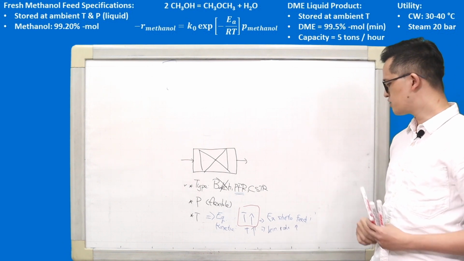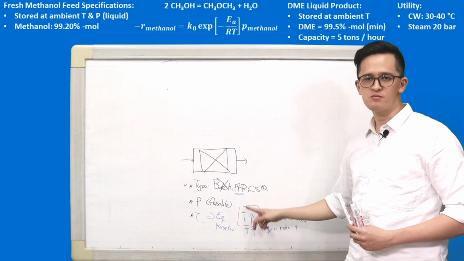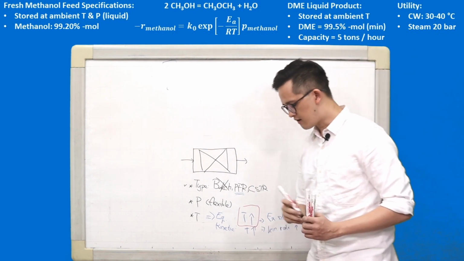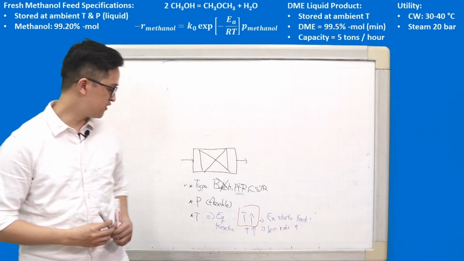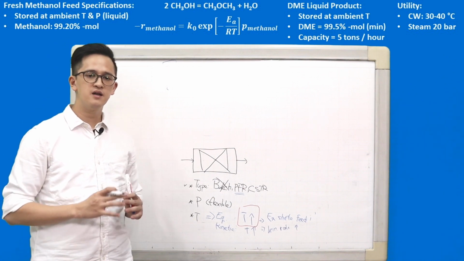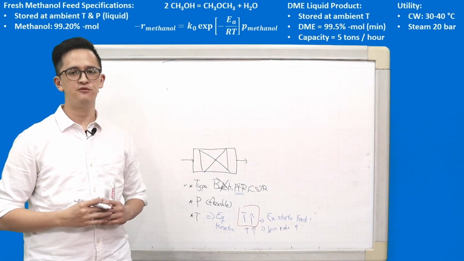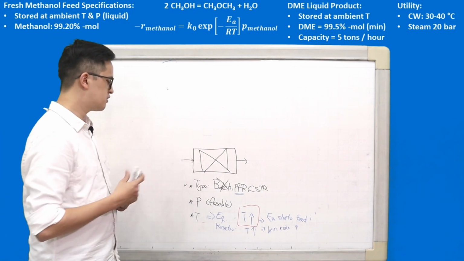So in this case, we will prioritize increasing the temperature as high as possible. But again, the question is, what will be the limit? The answer was already provided in the previous video about the case definition. It will be limited by the temperature of catalyst deactivation, which will happen at about 400 degrees C. So in that case, we will limit the temperature.